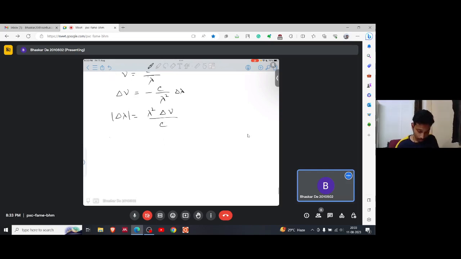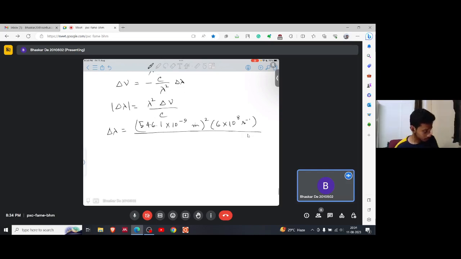So delta lambda equal to (546.1 into 10 to the minus 9, which is the wavelength, meter) square into 6 into 10 to the power 8 second inverse, which is the emission bandwidth, divided by the speed of light 3 into 10 to the power 8 meter second inverse.